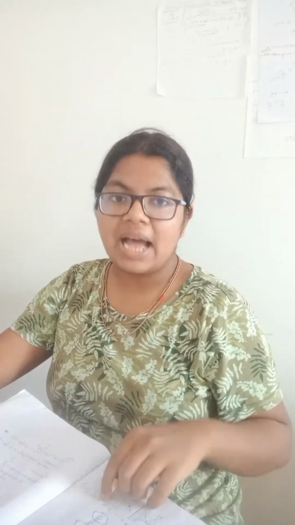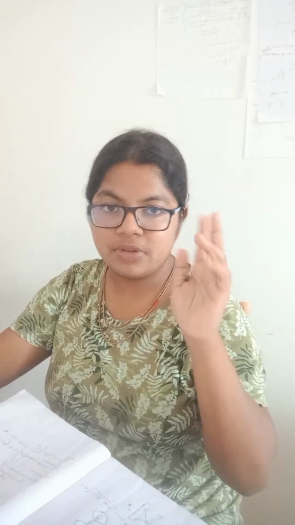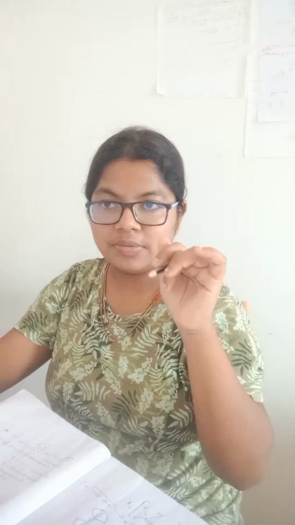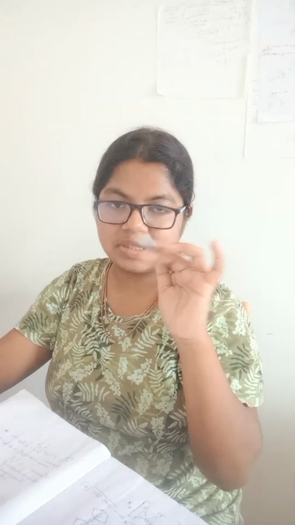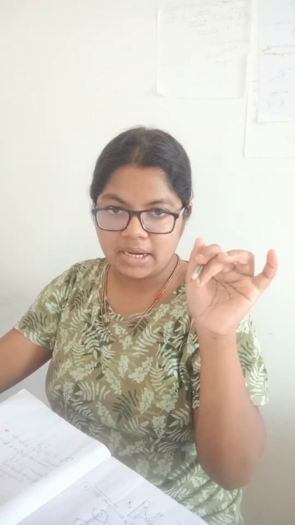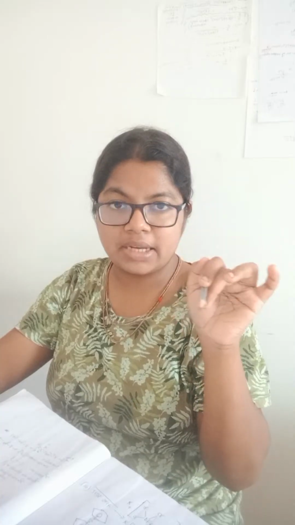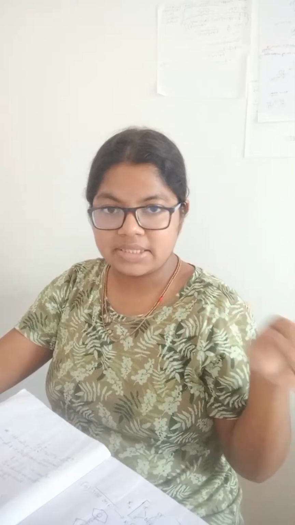For dibenzene chromium, dibenzene means there will be 2 benzene, and chromium is the transition metal, that is Cr. So write the square bracket, then write Cr, then give the round bracket, η to the power 6, C6H6, close the round bracket, give whole twice, then close the square bracket.